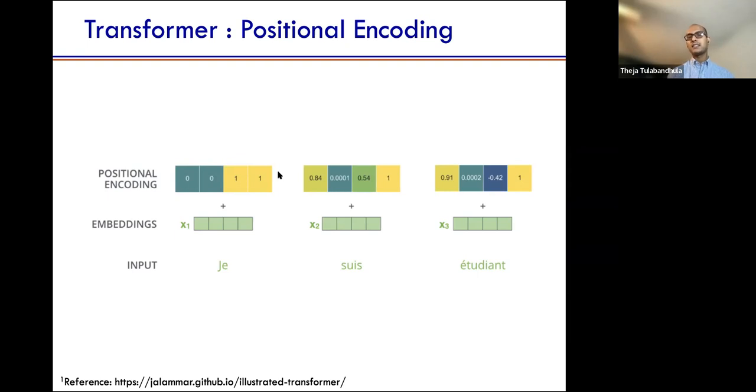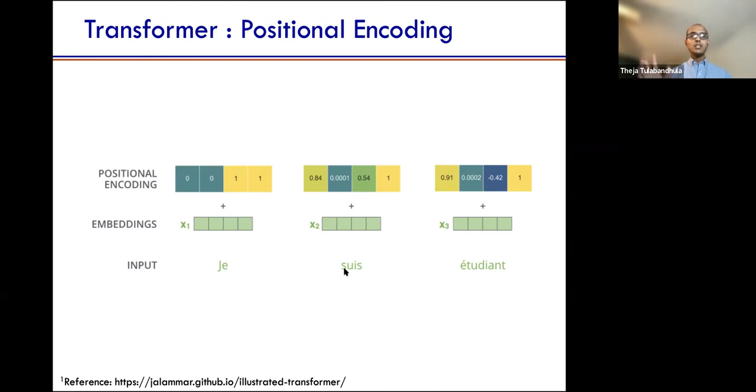Some values in those vectors follow a deterministic pattern, which gets picked up by the network. If the network needs to know that the first word precedes the second word, it will pick that up from these patterns. Although they are added into the word embedding, the network still figures out that word 1 is before word 2 and so on.